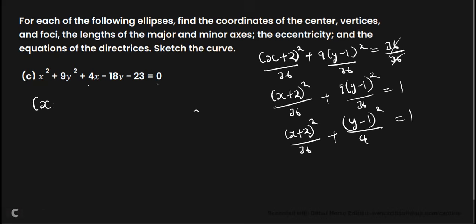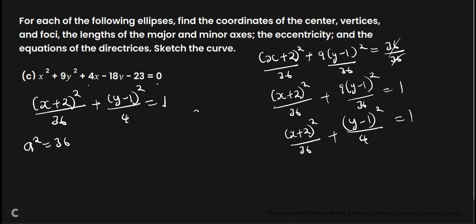So this is x plus 2 squared over 36 and plus y minus 1 squared over 4 equal to 1, like that. So in this situation, your A squared is 36 because it's greater than the other one. So all the time your A is supposed to be big.